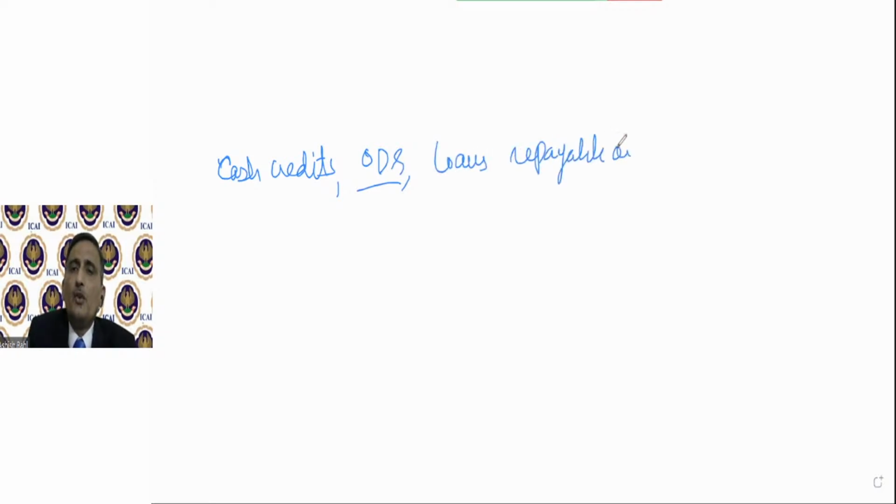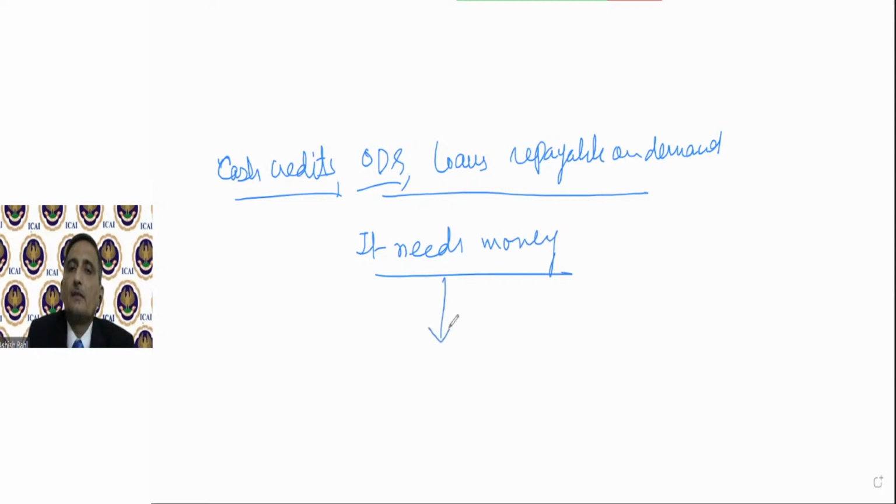So guys, you understand that for a business to run, it needs money for meeting its day-to-day expenditure. What is this day-to-day expenditure? It is its working capital requirements.